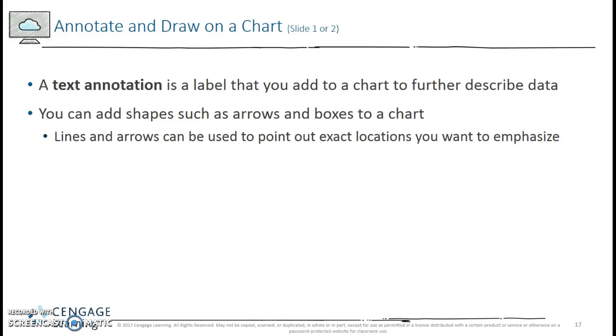Let's talk about annotating or drawing on a chart. You can do text annotation. It's a label that you can add to a chart to further describe it. You create a text box or a little shape where you can put descriptive information, or text annotation, into the chart.